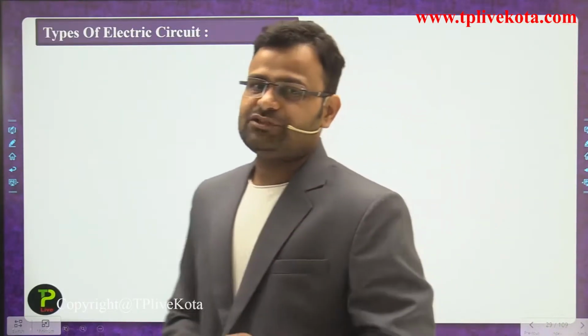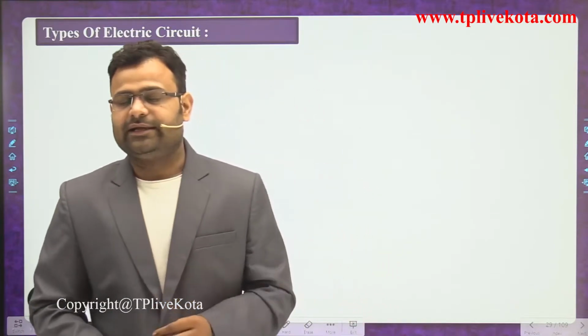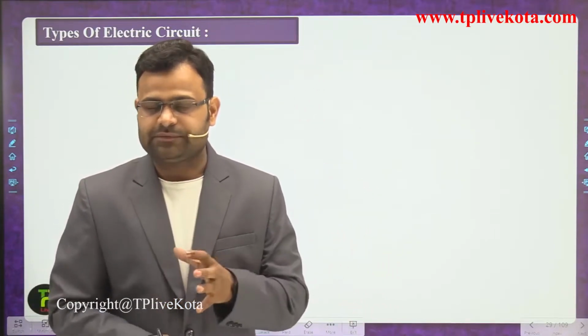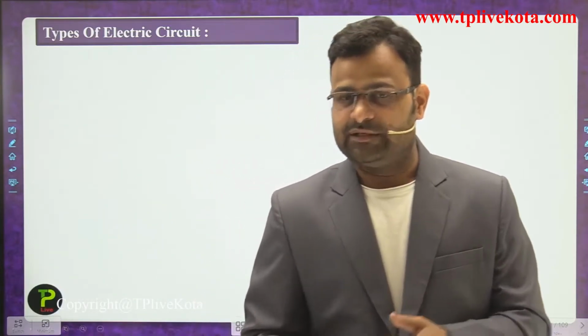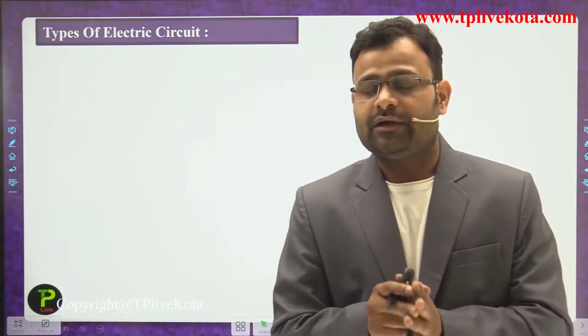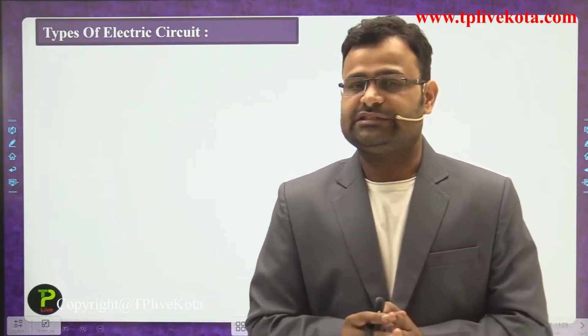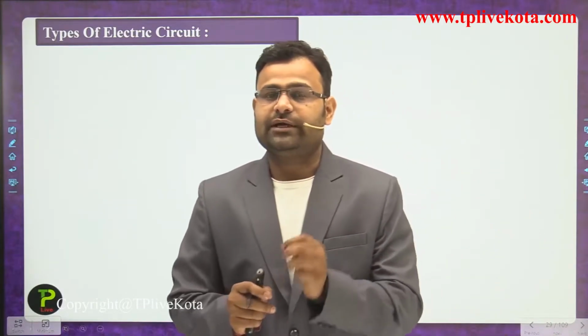On the basis of working condition, we divide the electrical circuit into two types. First one is an open circuit, and second one is a closed circuit. Both have the same circuit diagram, but only a single condition is different. It's the switch. The switch can control the current, guys.